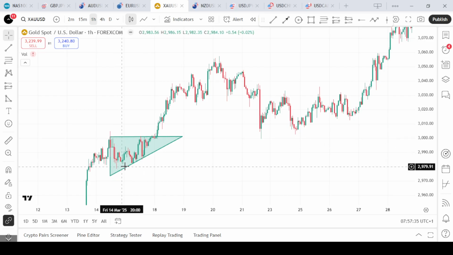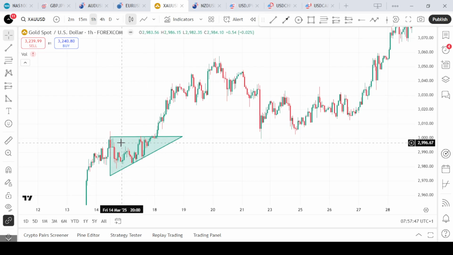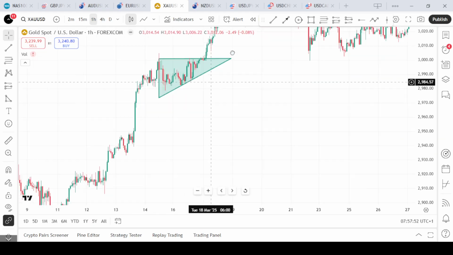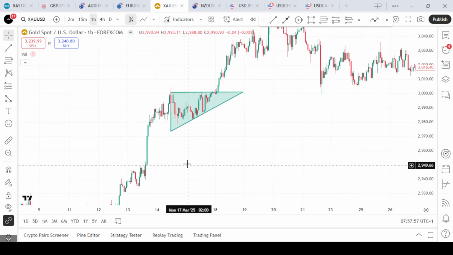And as you can see, price is forming higher lows at this area, a higher low, a higher low, but repeatedly testing this resistance region. This often signals that price will break upward in line with the existing trend.